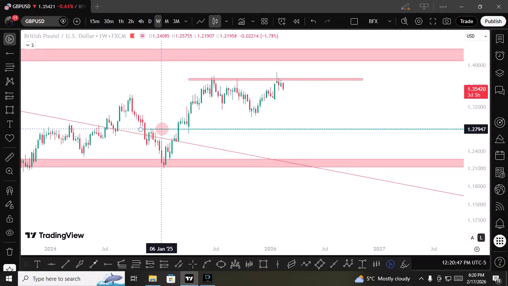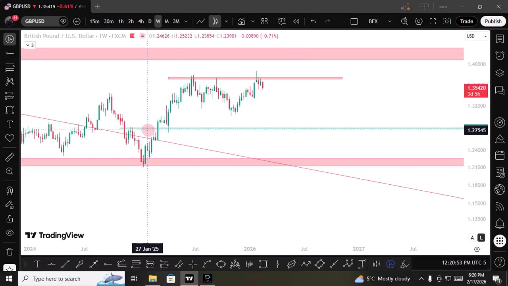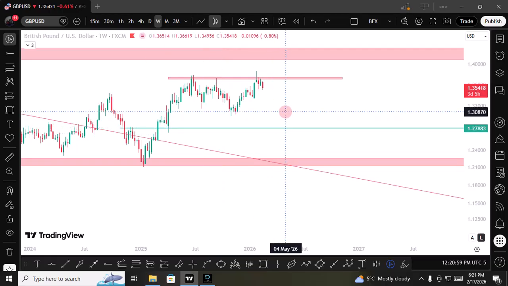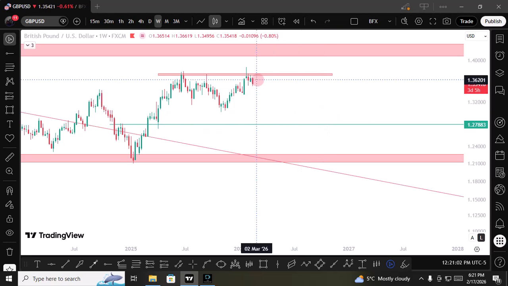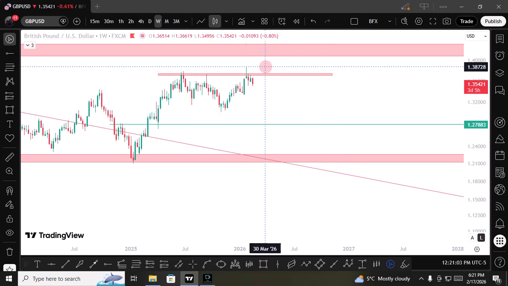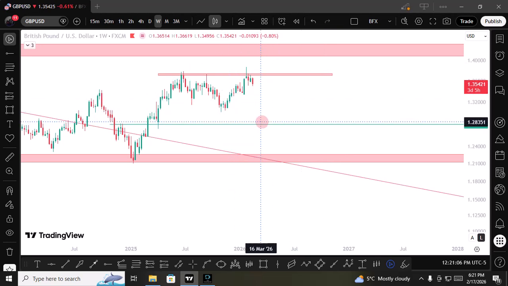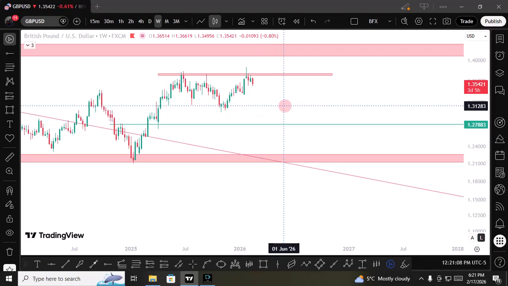So this is 61.8 that we mark on monthly time frame. So this is what we are looking at. We are expecting price to come to this area. So if we are selling this market, we should be looking at this area as overall take profit. So that's what I'm talking about.